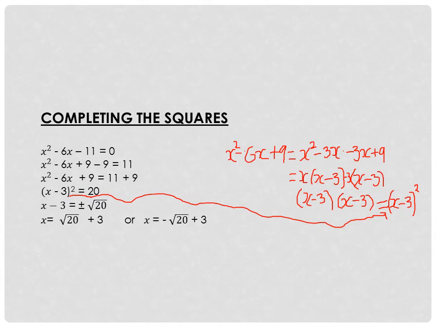So to solve this quadratic equation by completing the squares, first you have to move negative 11 to the right hand side, and once you move it, it becomes positive 11. Second, you have to find half of the coefficient of x, then you square it.